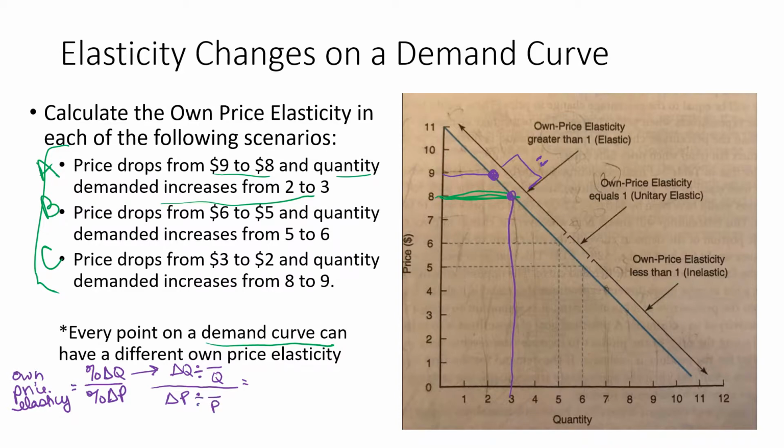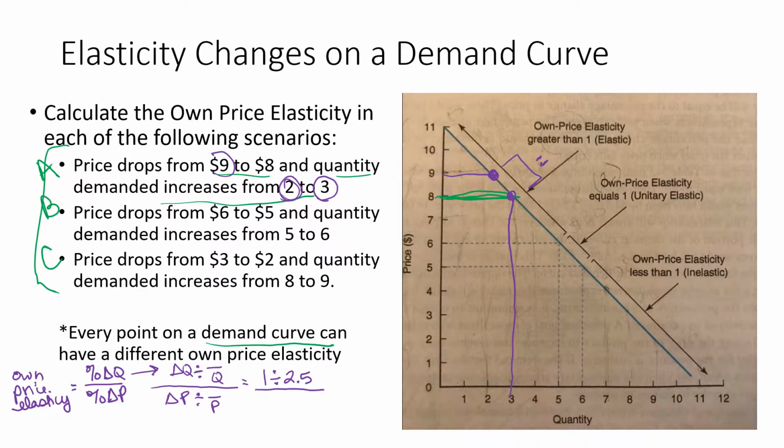So our change in quantity for the first one, we're going from 2 to 3. So the change is 1, because we could do 3 minus 2, that's 1. We're going to divide that by the average. Well, the average of 2 and 3 is 2.5. Okay? And we're going to divide all of that by the change in the price, which is 8 minus 9, which is negative 1.